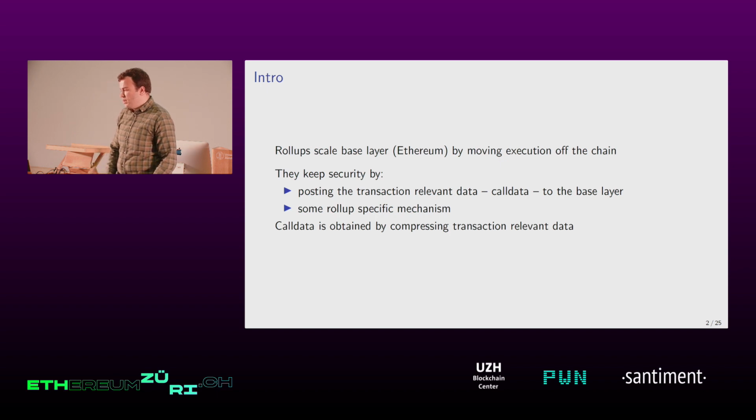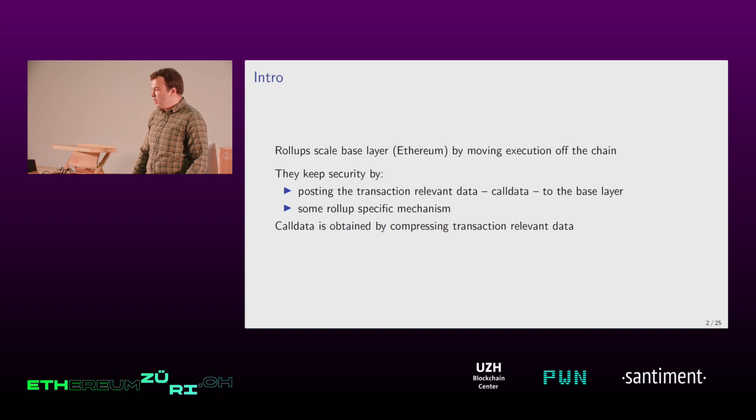In the case of optimistic rollups, as Arbitrum is, transaction-relevant data is just transactions compressed. But you can imagine some other technologies that can post some other specification of the data. And then the second part where the rollup technology comes in is some rollup-specific mechanism that checks that execution was done correctly.